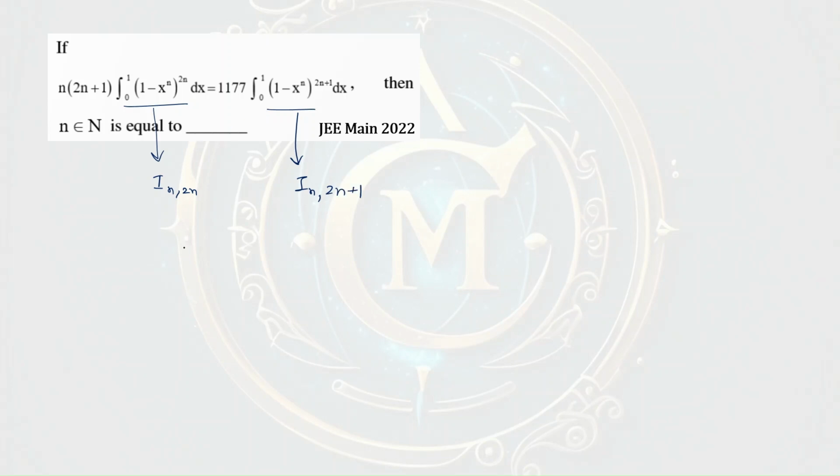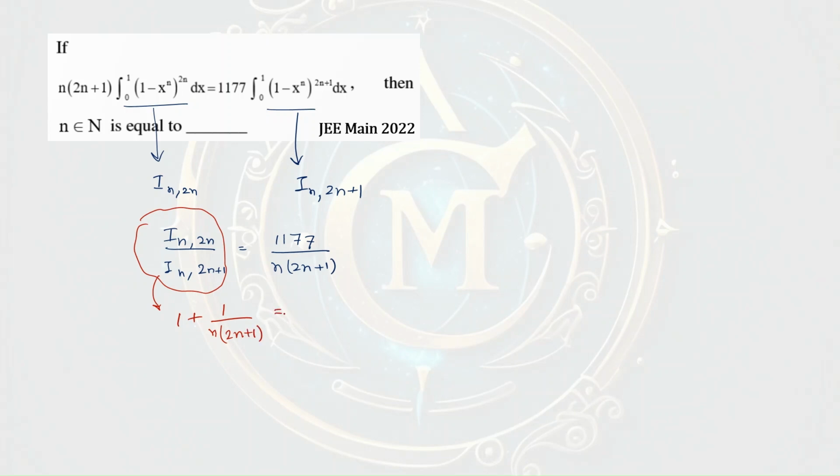So if we rearrange this, it becomes I of n comma 2n divided by I of n comma 2n plus 1 is equal to 1177 divided by n into 2n plus 1. And as we discussed, this ratio will be simply 1 plus 1 divided by the product of these two. So 1 plus 1 divided by n into 2n plus 1 is equal to 1177 divided by n into 2n plus 1.